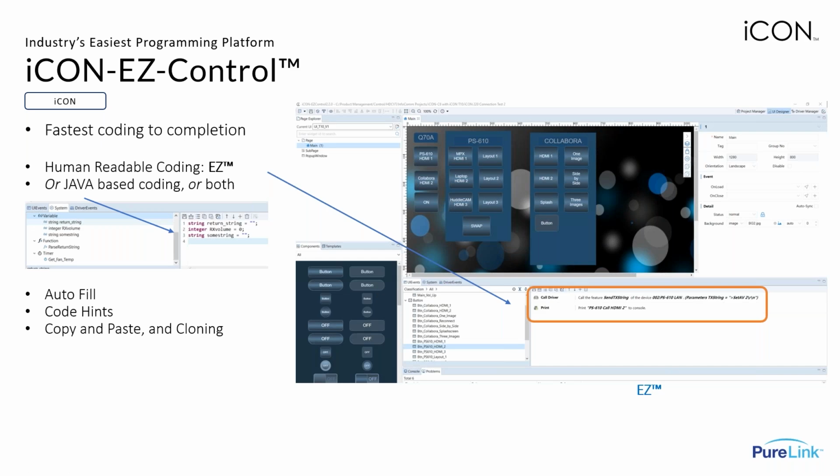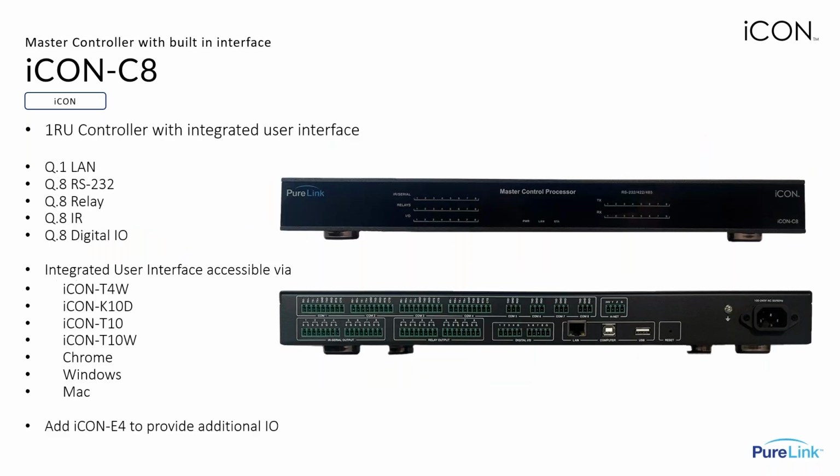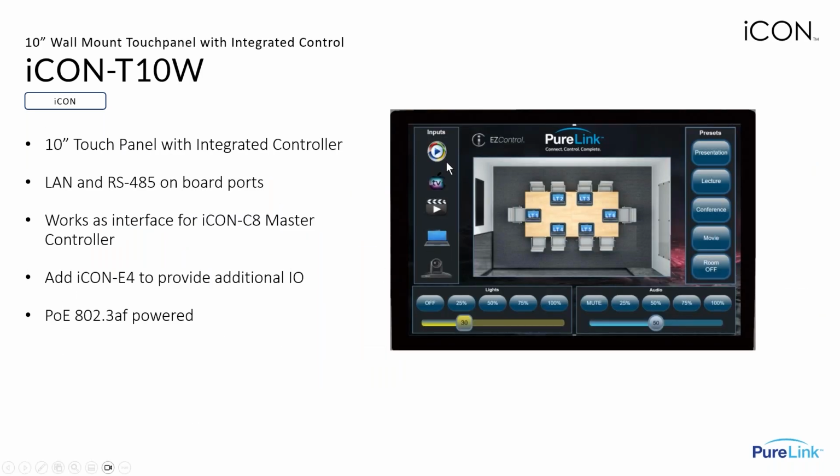So as you may have noticed in some of the previous slides, you see input buttons over here. Well, those are graphics that we took a typical button and converted the way it looked, so it was more intuitive to the user. So that's very easy to do.